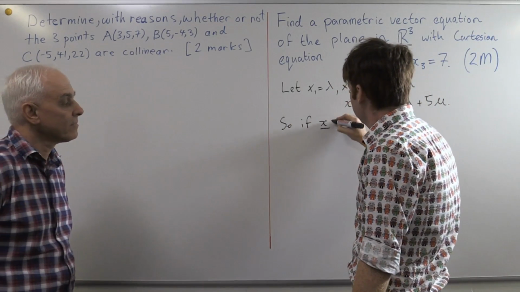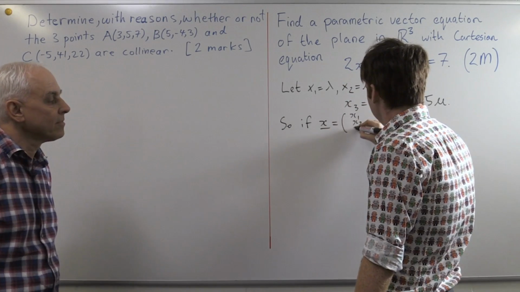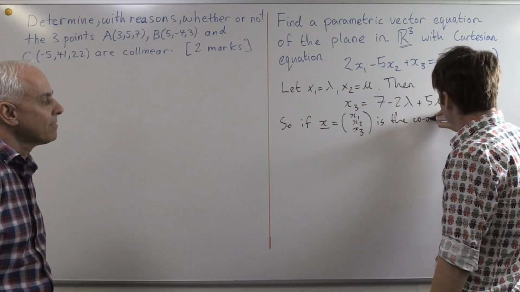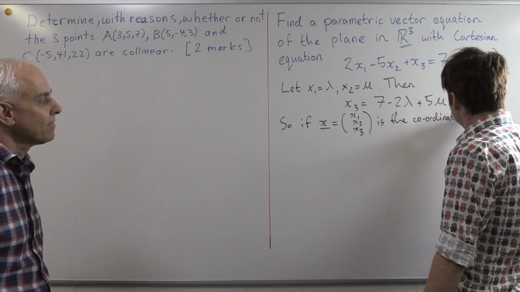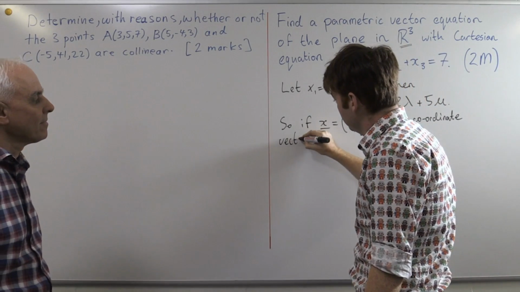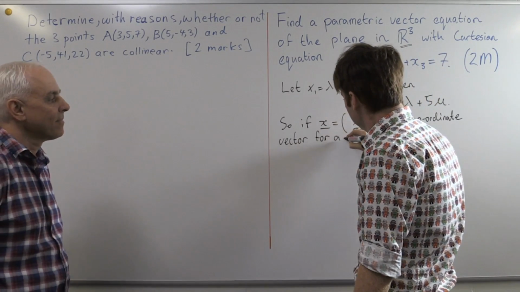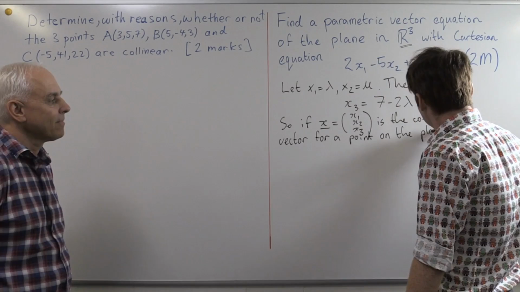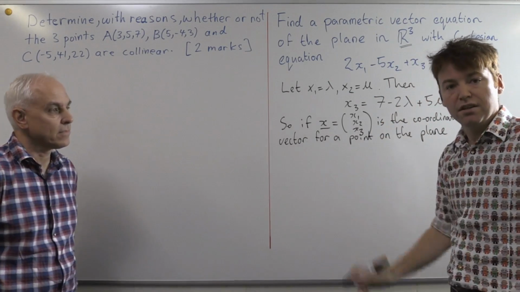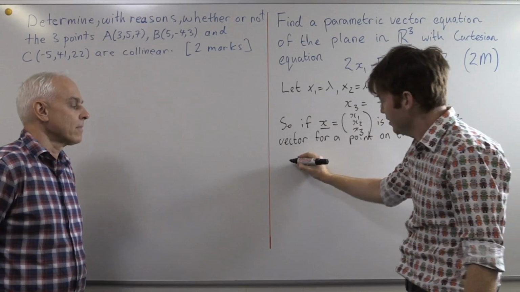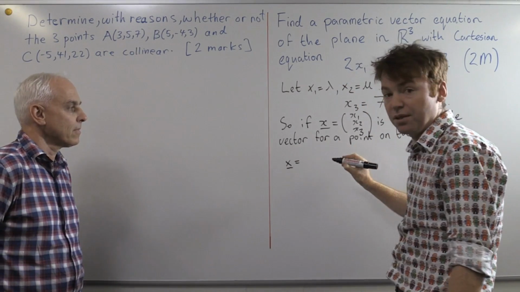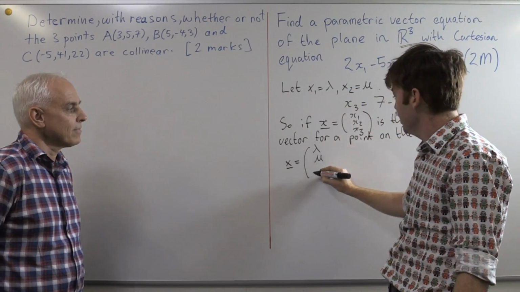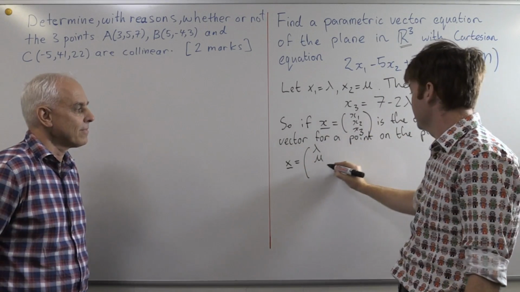So if x, which is equal to x1, x2, x3, is in fact a point on the plane with this coordinate vector, then I can just write it as x is equal to x1, x2, and x3, where x1 is lambda, x2 is mu, and x3 is 7 minus 2 lambda plus 5 mu.